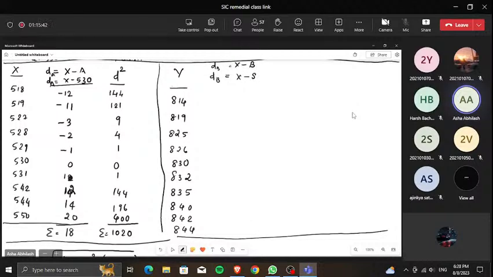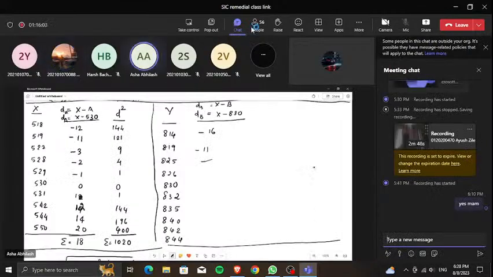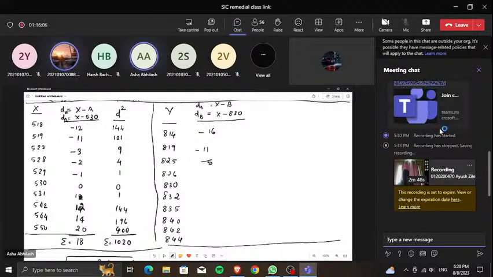So take 830. Yes, quickly calculate this column. Minus 16, minus 11, minus 5, minus 4, 0, 2, 5, 10, 12, 14.